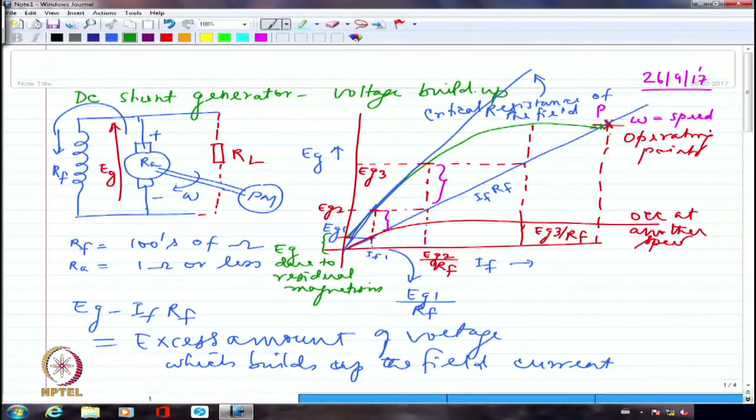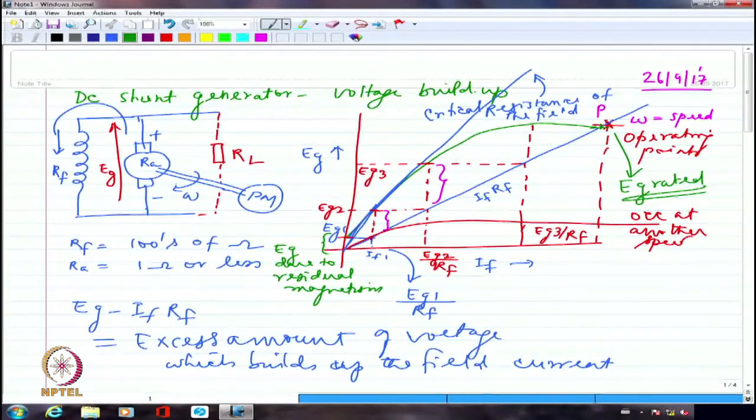So let me call this as Eg rated. When I am driving the machine at rated speed and it has gone on with inherent field resistance and it has finally settled at the point which is corresponding to some value Eg, which I call as Eg rated.